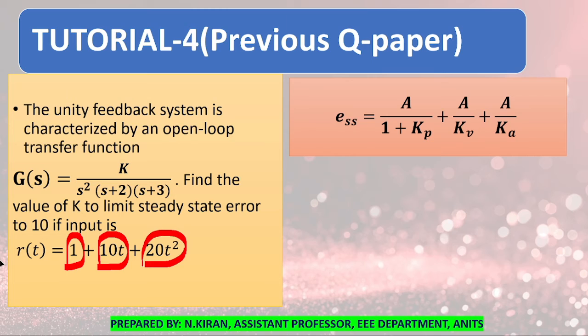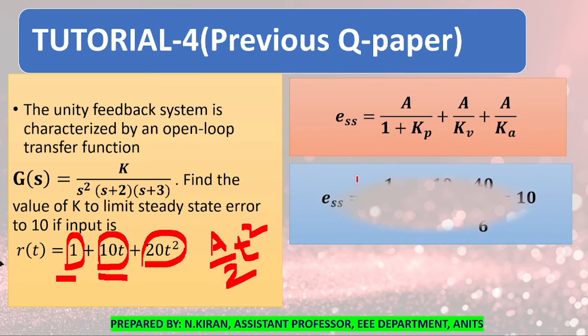It is a parabolic input, so the steady state error will be A by Ka. So the first term A value is 1, the second term A value is 10, and for the third term the standard form is A by 2 into t square, isn't it? So for parabolic input the A value is 40.